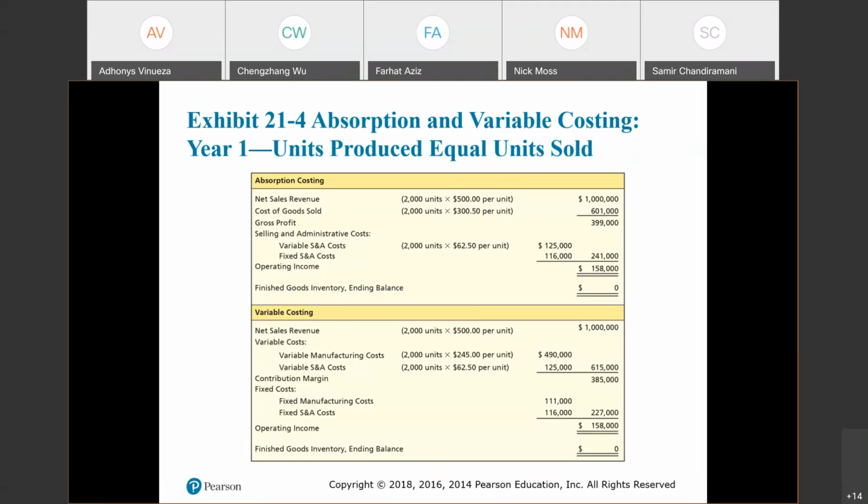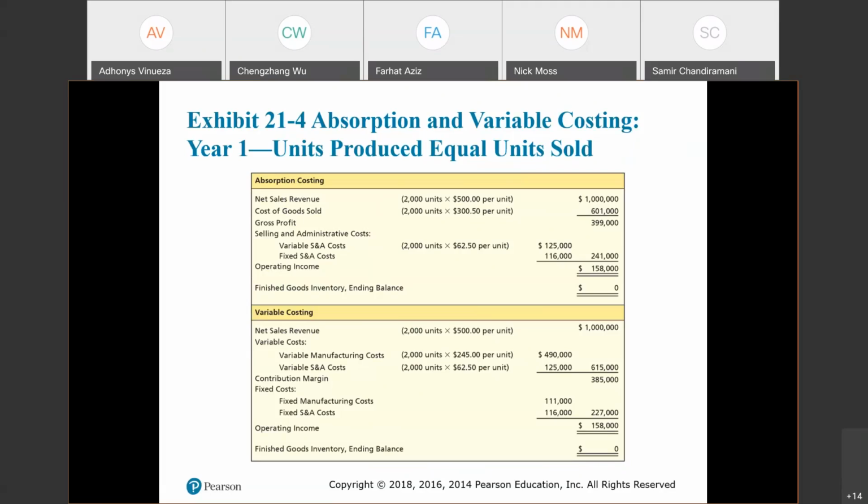The gross profit continuously minus selling and administrative cost, where the variable part is $62.50 per unit, and the fixed selling and administrative cost is $116,000.